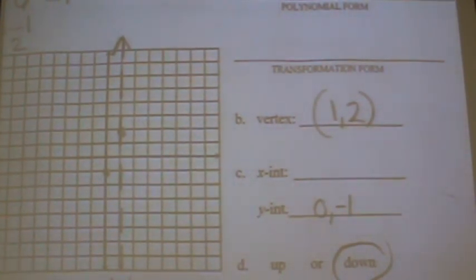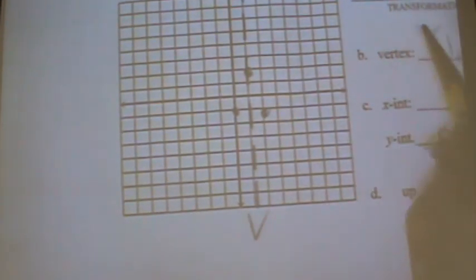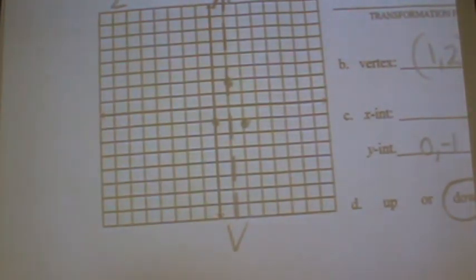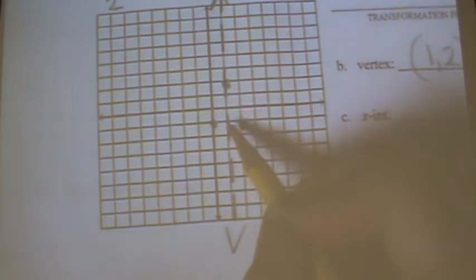Now, do you remember how to find the x-intercepts? Yep. Do you know another point on the opposite side here? Right here. So this thing is going like this, right? Now, how do you find where it hits the x-axis?